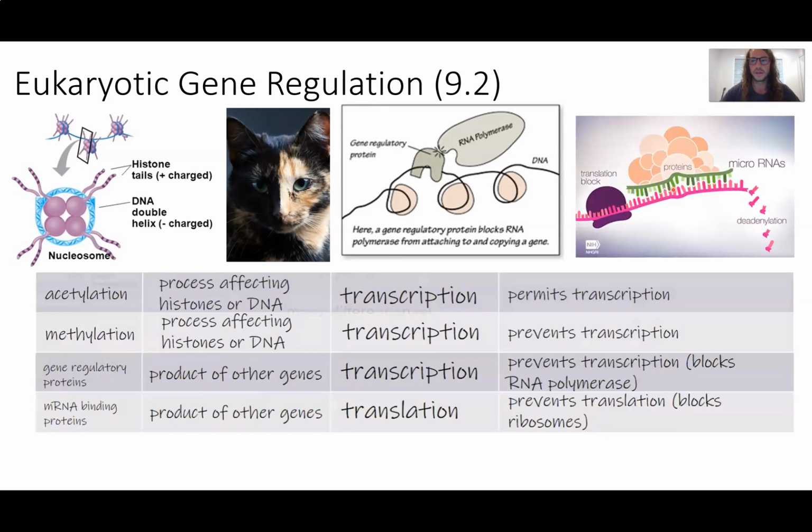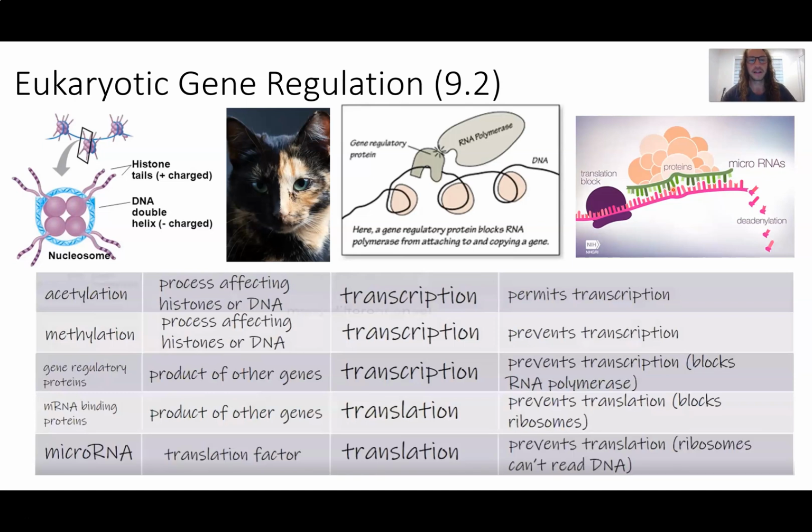Lastly, we have what are called microRNAs, and they are, as the name suggests, just these really short segments of RNA, no more than 20 base pairs. And these microRNAs bind to and stop the ribosome from doing its thing. So we can add that to the table here.